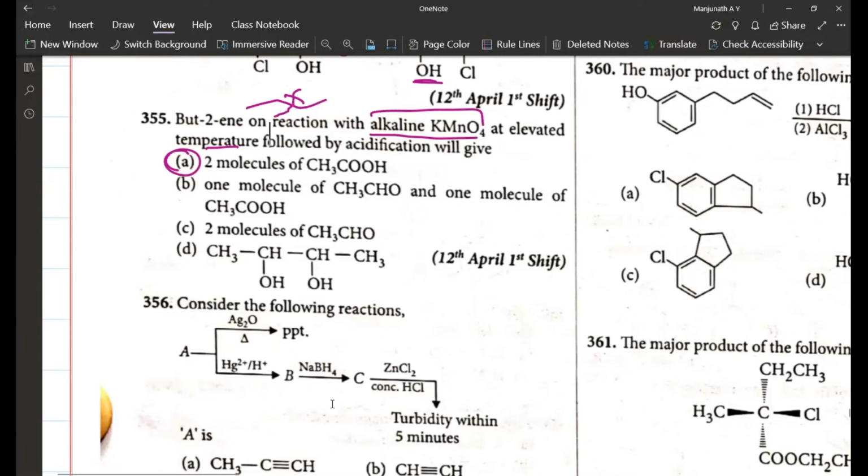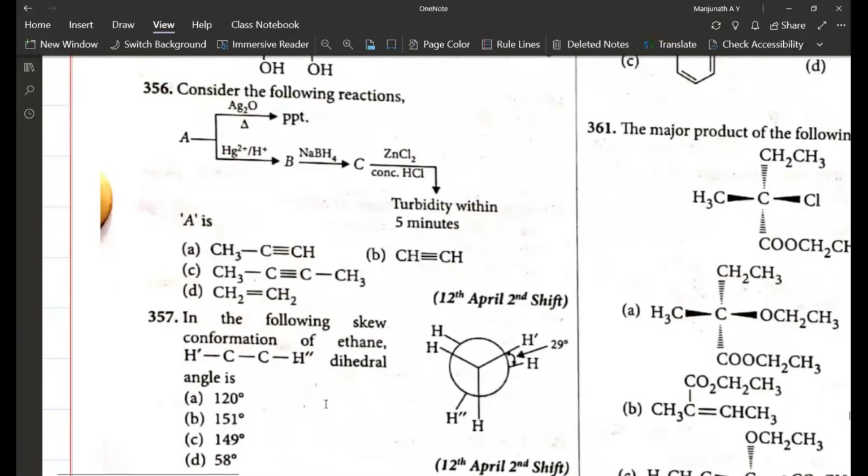Okay, 356. This is a good reaction, but it's basically not from this chapter. Alcohols. We discussed conformations in alkanes, I think.